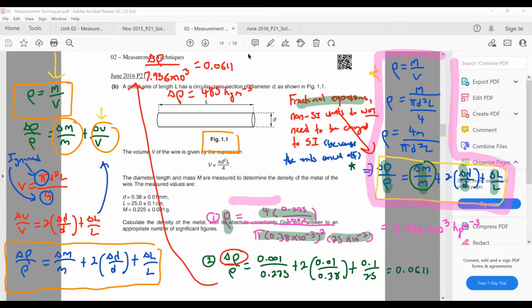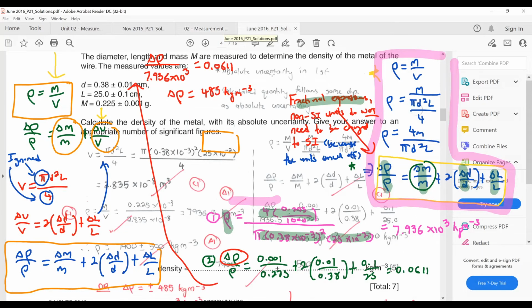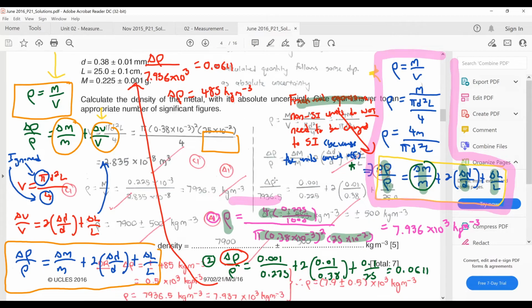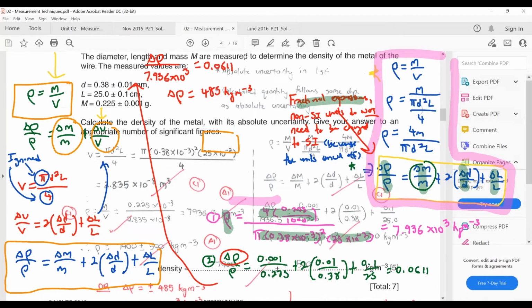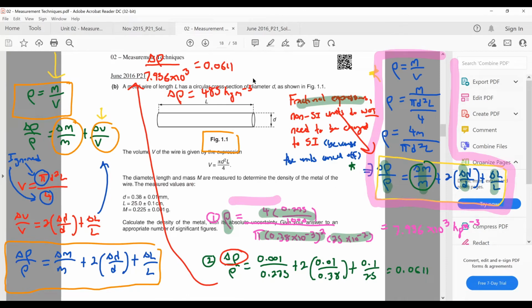Okay, you would have probably gotten up to here. So now you have the answers like this. You would have gotten 7.936 times 10 power 3 for the value of the density. And then your absolute uncertainty, you will have gotten as 485.